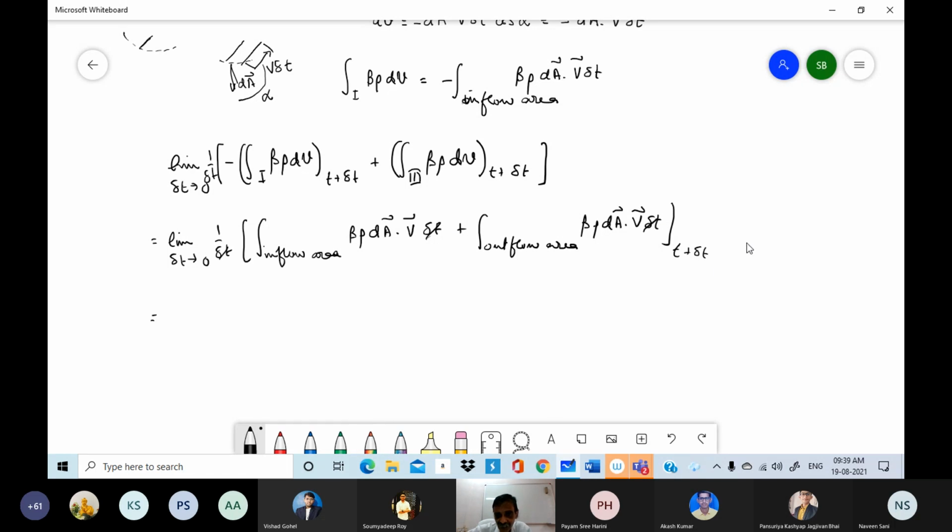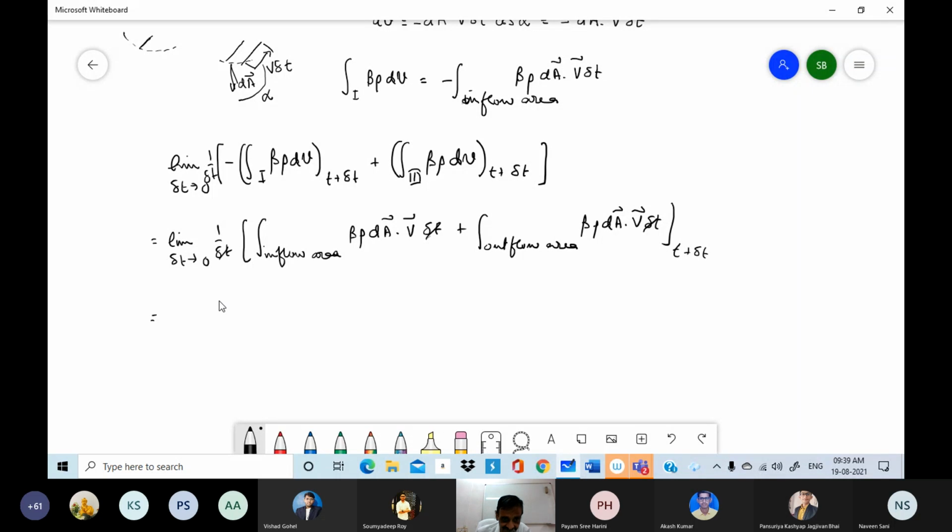Now if I evaluate this at t plus delta t, I could express that as a Taylor series, but then the value at t would be the leading order term, and then in the limit delta t going to 0, the remaining terms would go to 0.